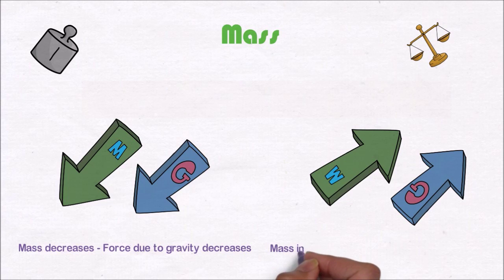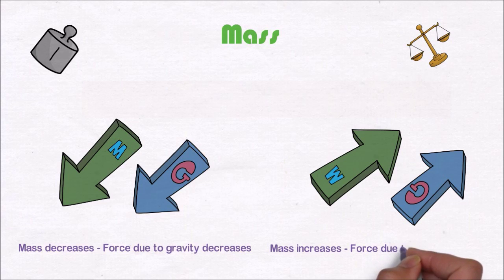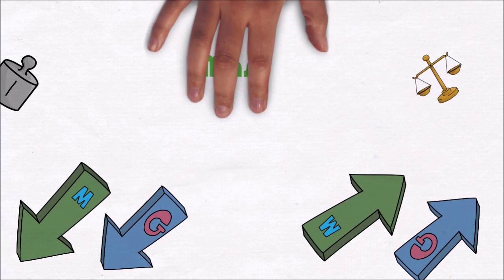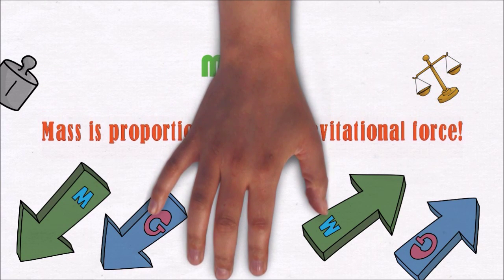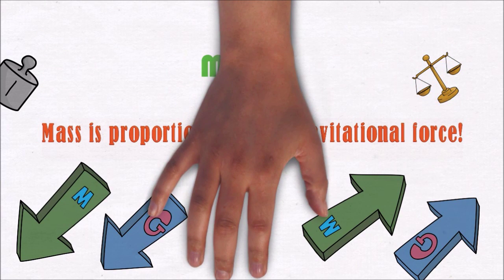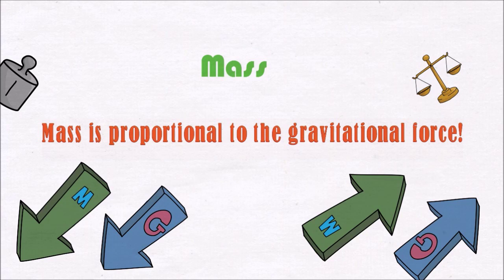If the mass of the system increases, the gravitational force of the system increases. The mass of the system is directly proportional to the gravitational force of the system.